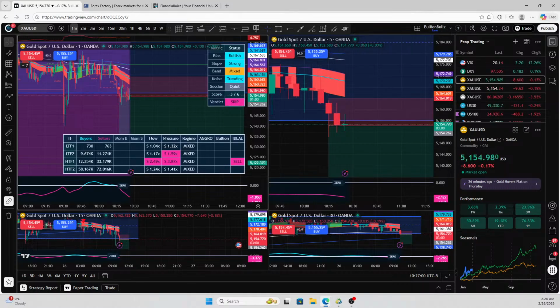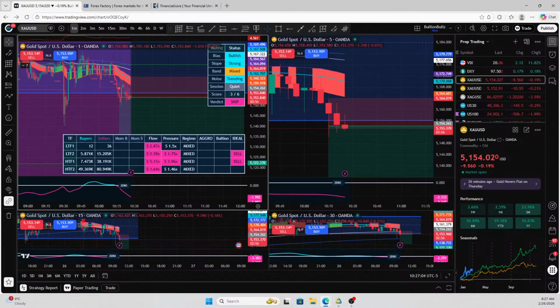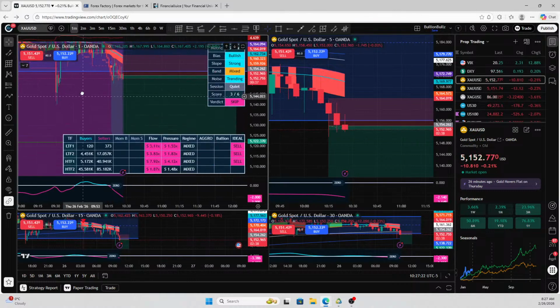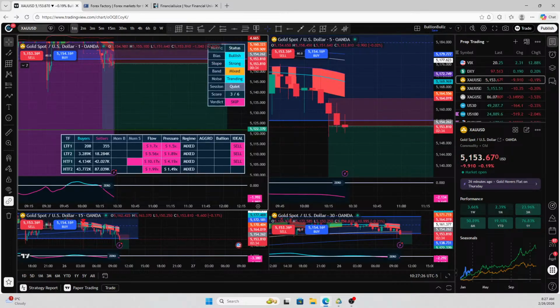If we can have more sellers coming in, we should expect price to push down. This would be a very good move for us. Let's see.